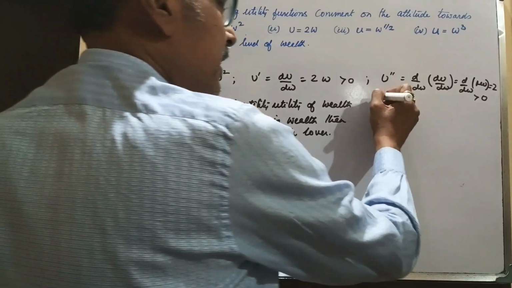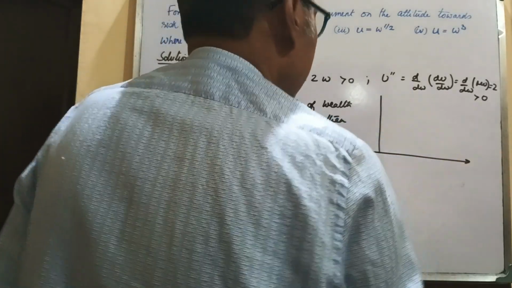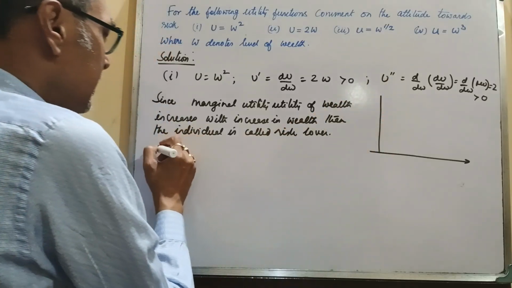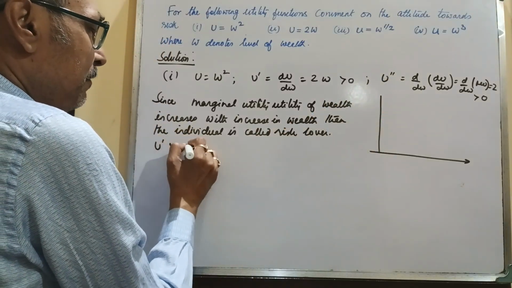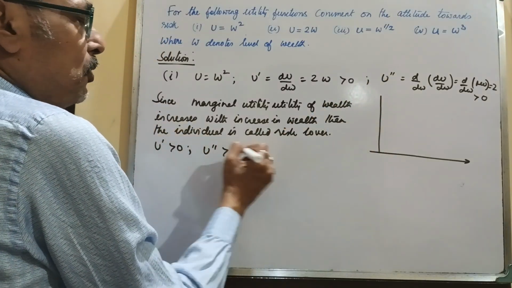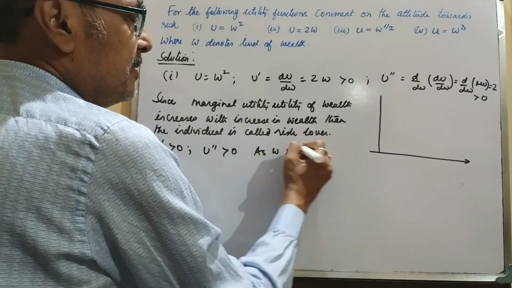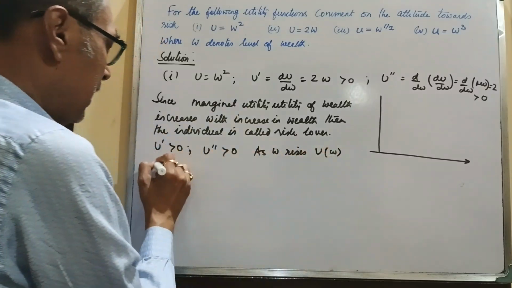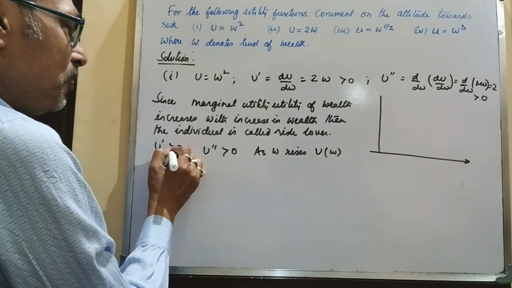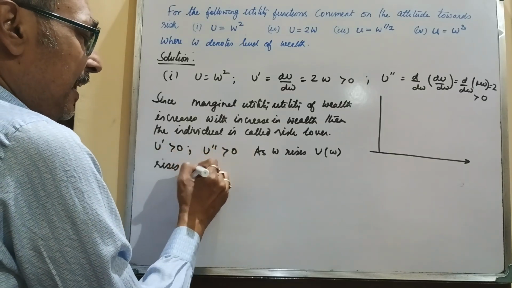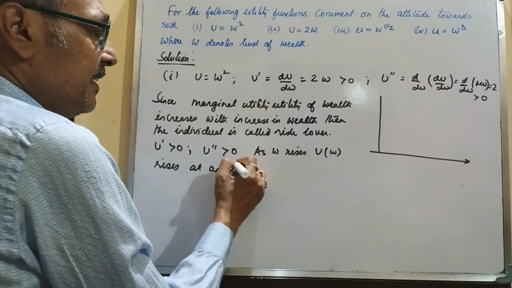What is the utility function like? Utility function: u prime positive, u double prime also positive. As w rises, u of w rises, because u prime positive and u double prime positive means it rises at an increasing rate.